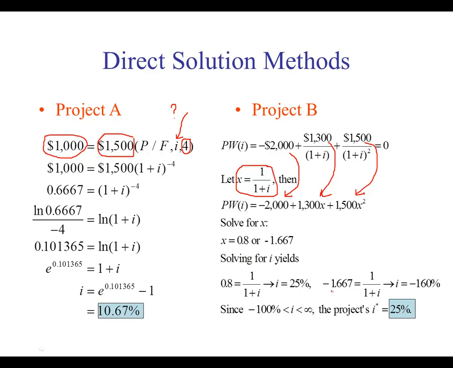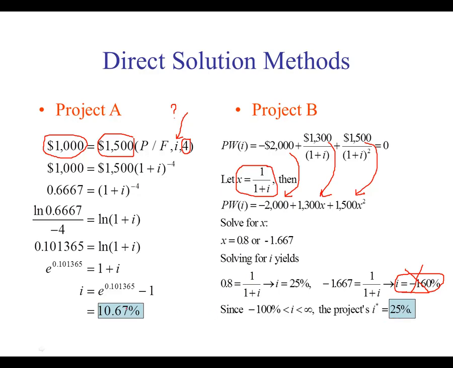Substituting X with minus 1.667, we will get I equal to minus 160%. Since this is negative, we will discard this value, and we will take I as equal to 25%. And that will be our rate of return.